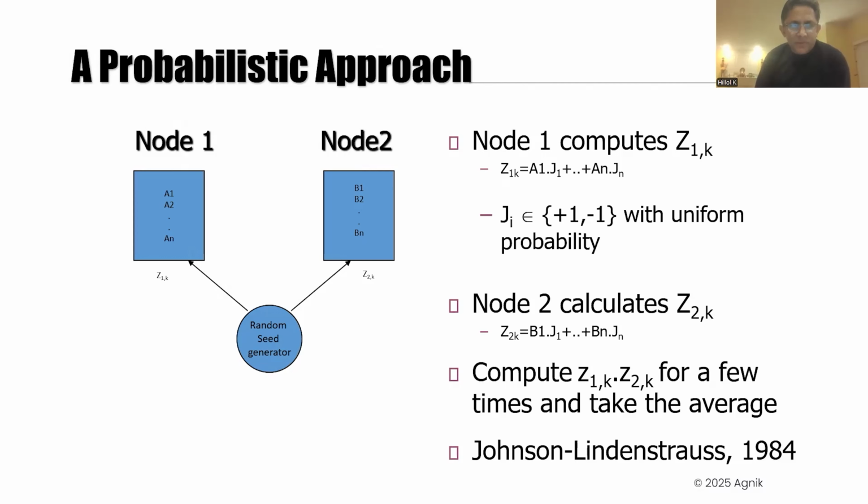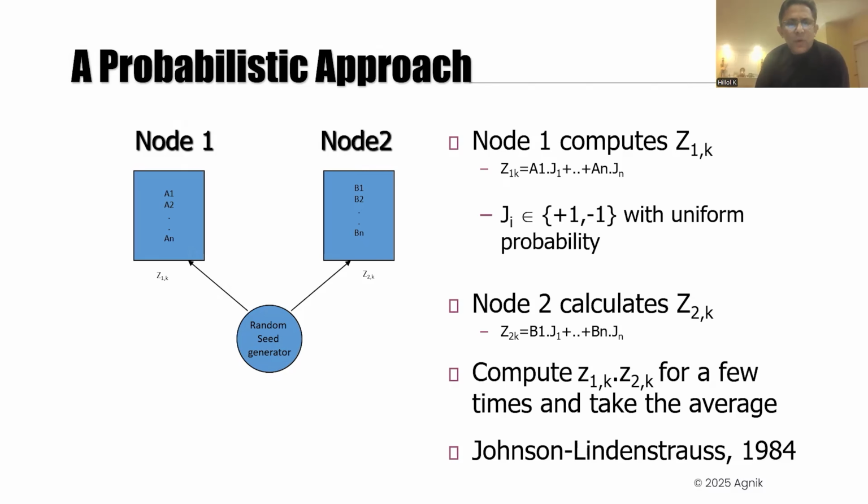A simple example would be the following: I would have a common random seed generator. You can do that by simply generating a single random seed, a scalar number, and making sure both nodes have the same seed, and then generating random numbers.